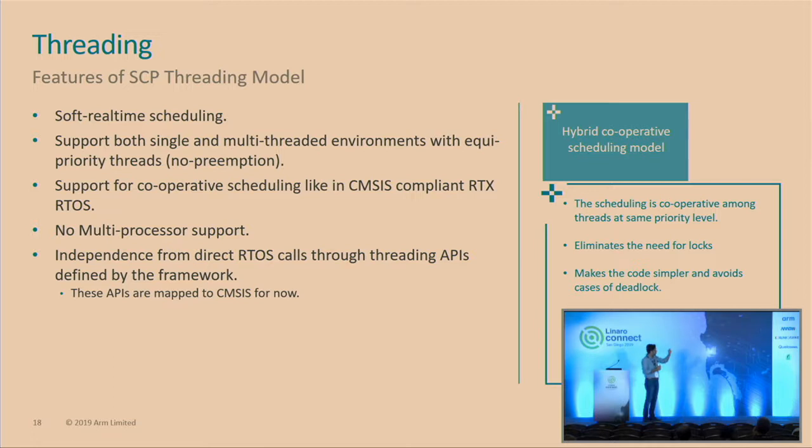Our features are that we support soft real-time scheduling on SCP. There are no hard real-time scheduling requirements. We don't have them from any of our partners, so we don't implement it. And we support cooperative scheduling for CMSIS-compliant RTX RTOS. So we don't have preemptive scheduling at all. It's all cooperative.